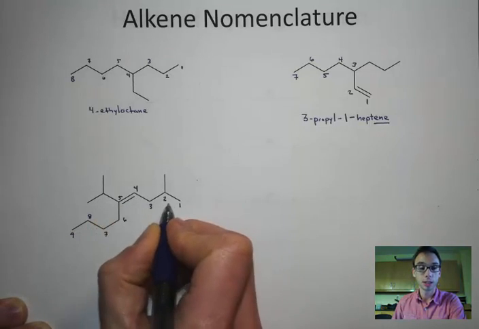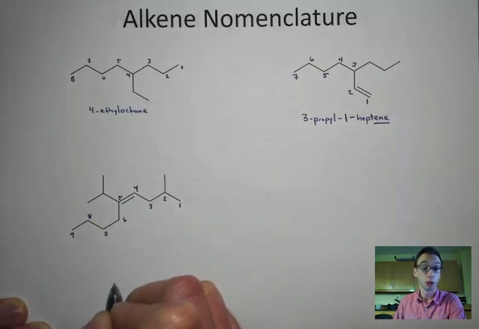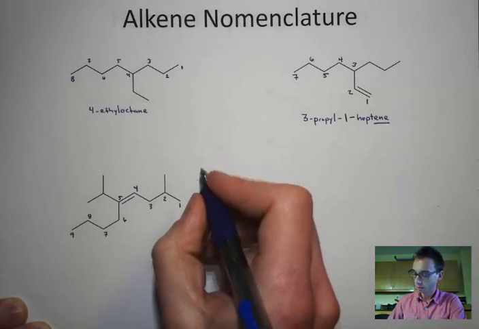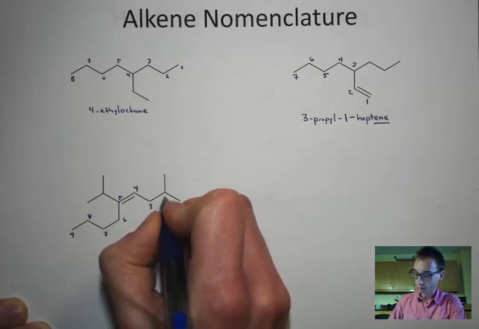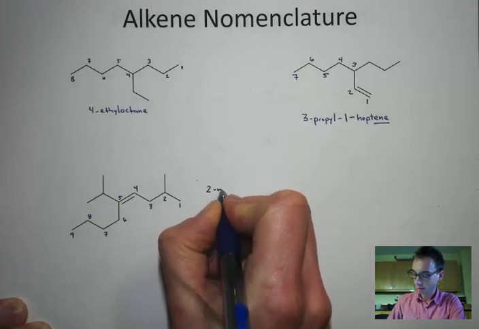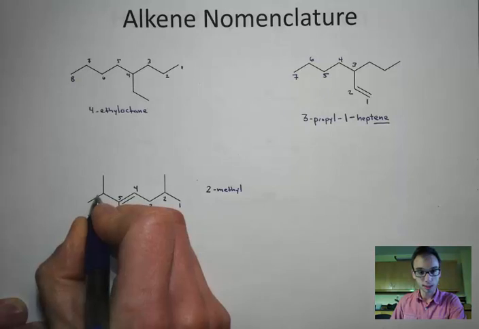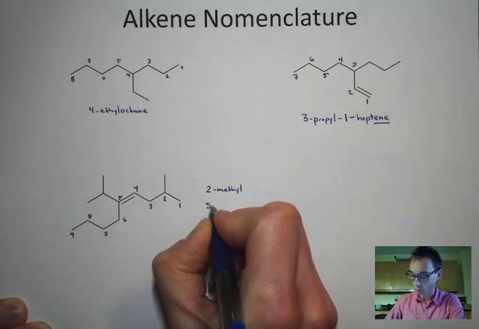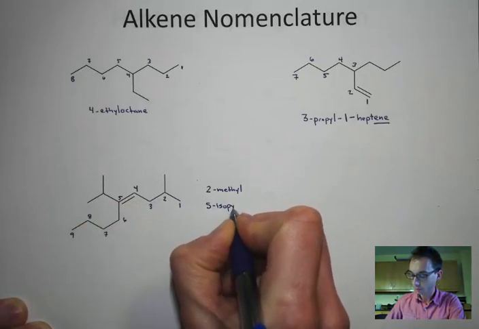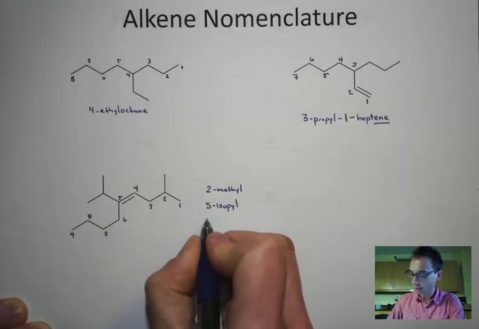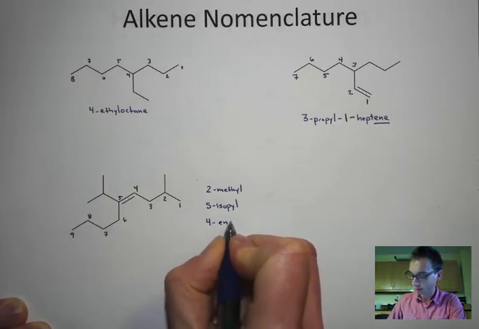So I have to start counting here because the alkene is going to have the lowest possible number. So if I start looking at substituents, I have a methyl at the 2 position. I have this V-shaped thing at the 5 position, which is called isopropyl. And then I have an alkene at the 4 position.